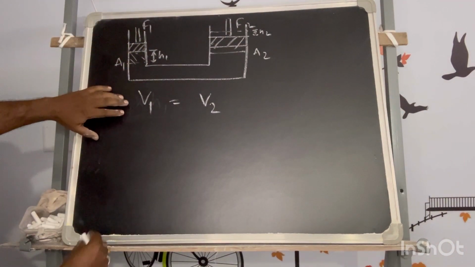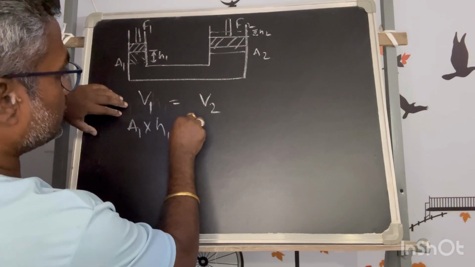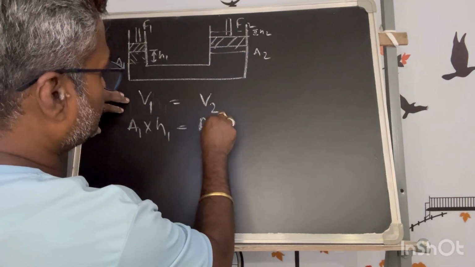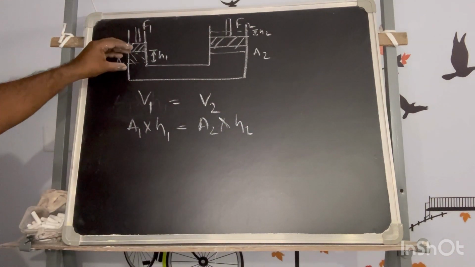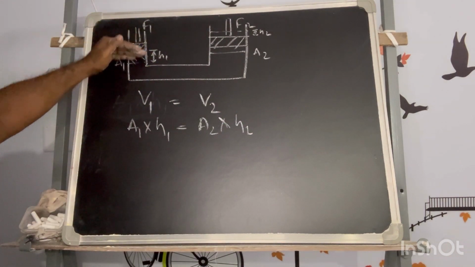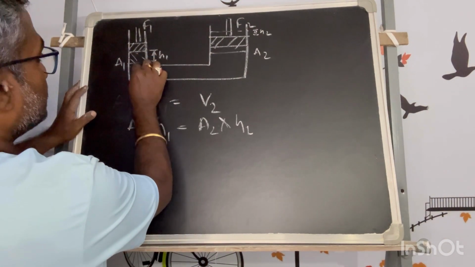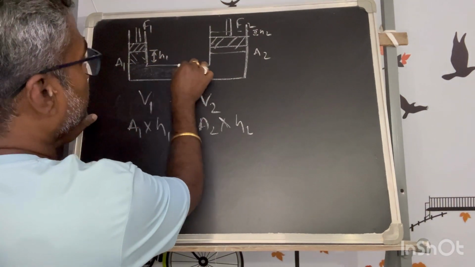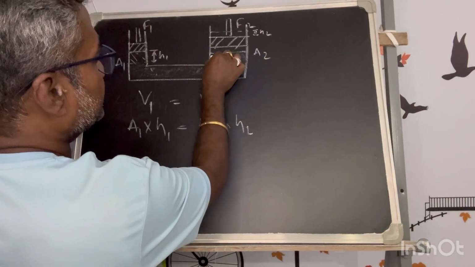So A1 into h1 is equal to A2 into h2, because the volume displaced here has to be accommodated somewhere, since in between there is no extra area or extra volume to capture it.